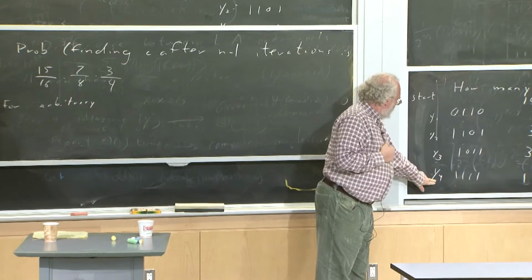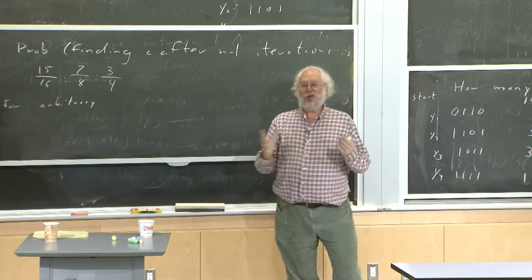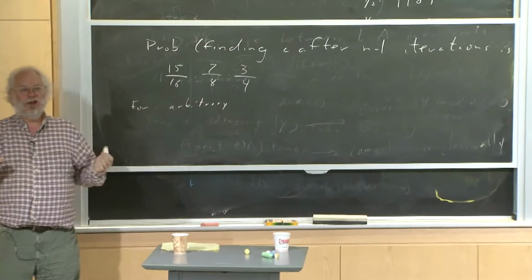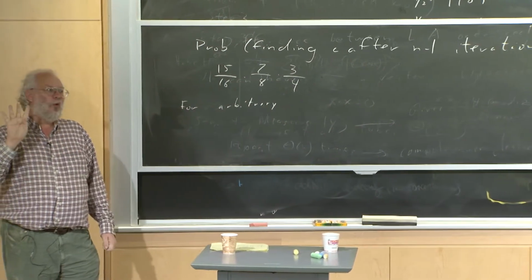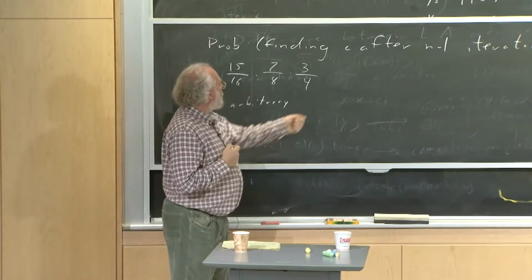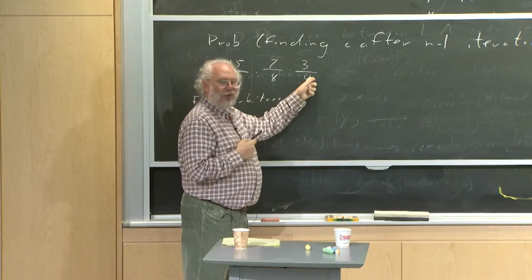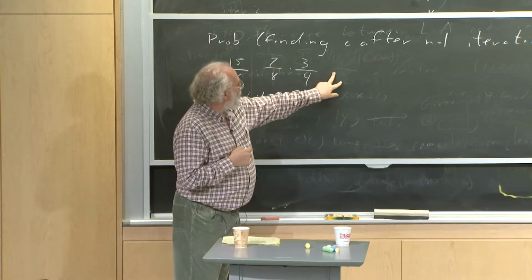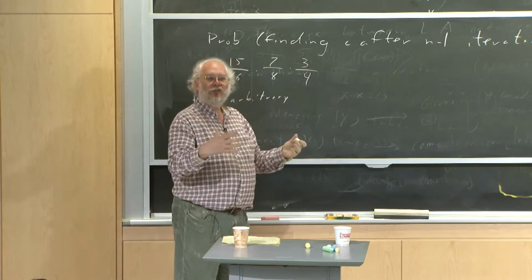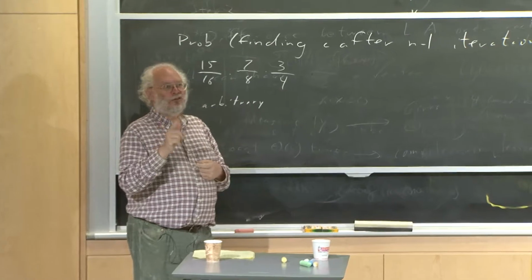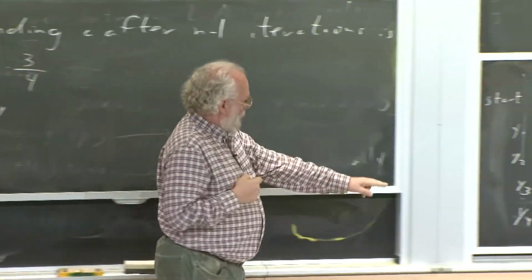So it ends with 3 over 4. It would end with 1/2 if you were trying to narrow it down to get 4 independent vectors, and it doesn't do that. It ends at 3/4, because when you have a subspace of size n over 2, there's 1 vector left that is perpendicular to the subspace.